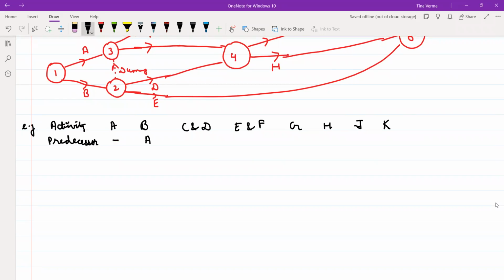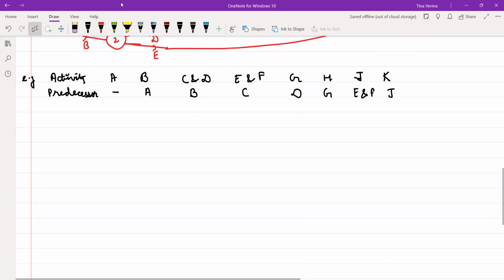For B, I require A. For activity C and D, my B should be completed. For activity E and F, C should be completed. For G, D should be completed. For H, G should be completed. And for J, E and F should be completed. And for activity K, my J should be completed, right? Now, help me to construct a network.